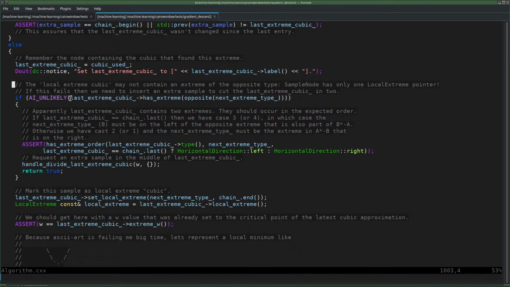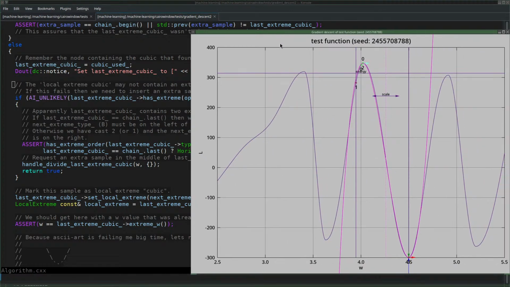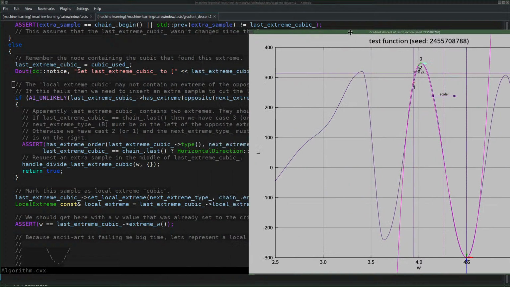So it simply tests if the last extreme cubic also has an extreme of the opposite type, so a maximum. And it does, because we start at 2 and we end in, this is probably 3. And we also have a maximum, because the maximum of this cubic is included with the 2. So the 2 is exactly at or a tiny little bit to the left, not to the right, otherwise it would not have been included.